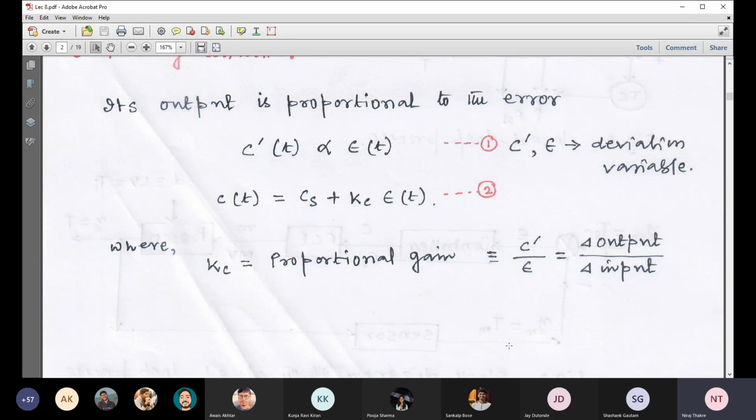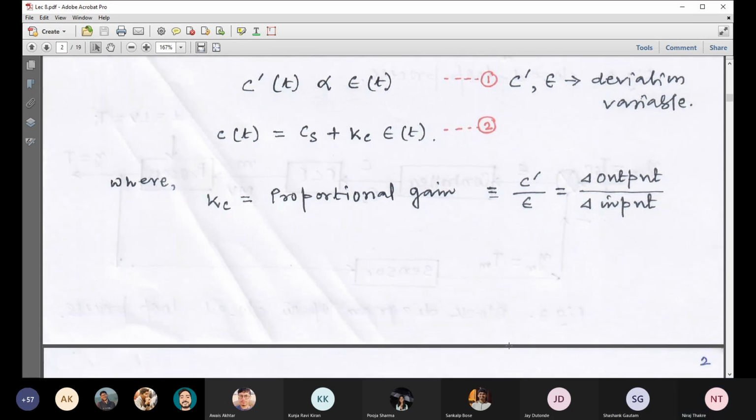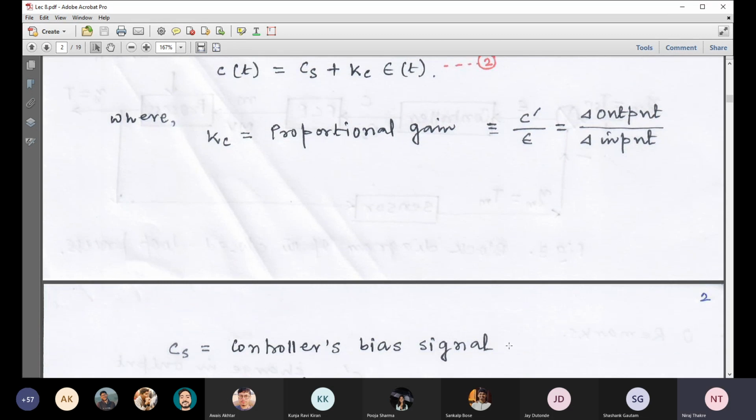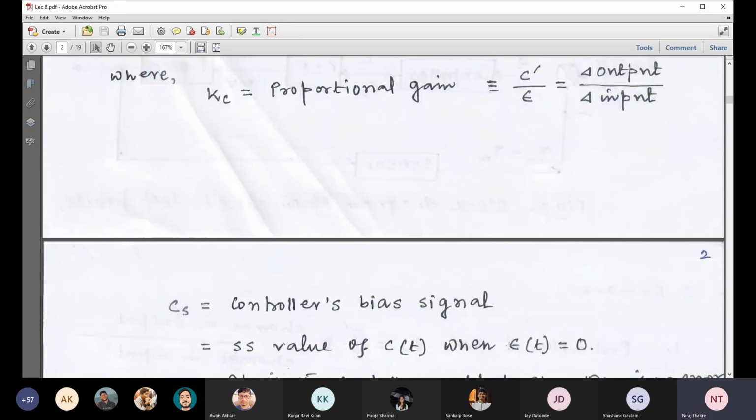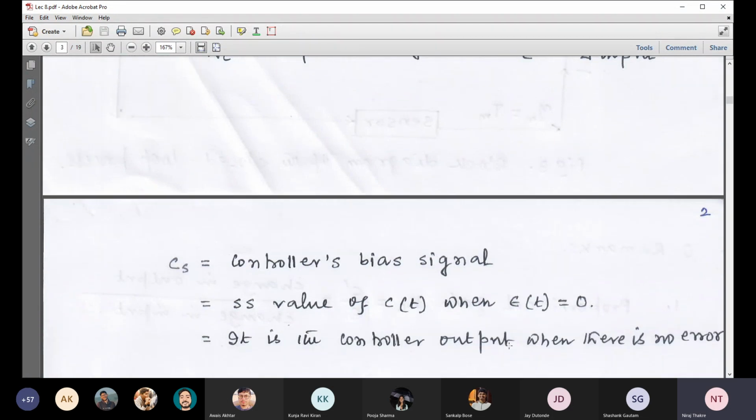Yeah, if at T equal to 0 we have steady state, then it's fine. So Cs is basically the controller's bias signal. One of your friends told this, and it is correct. This is the steady state value of C(t). From equation 2, it is obvious that C equal to Cs when error equal to 0.